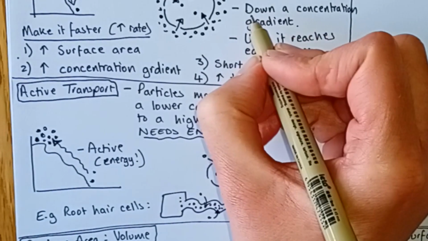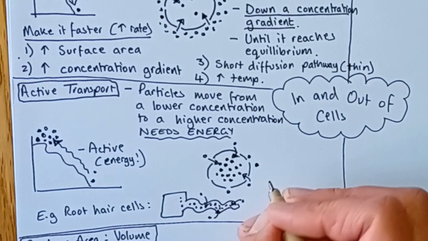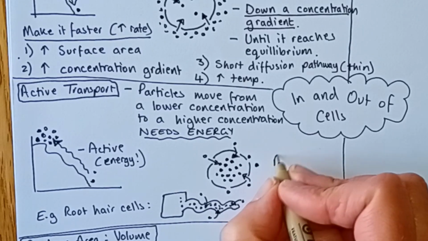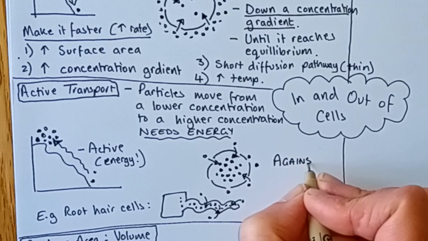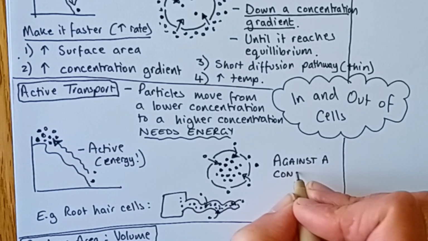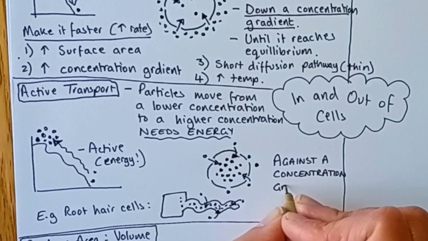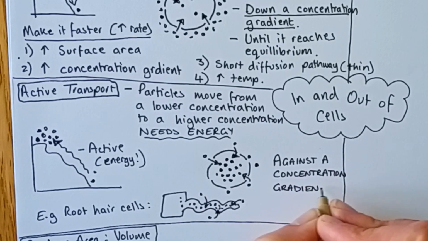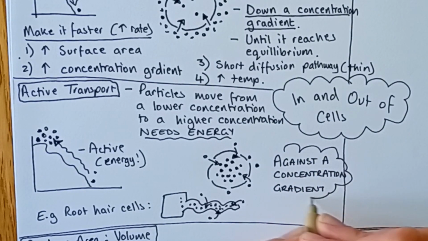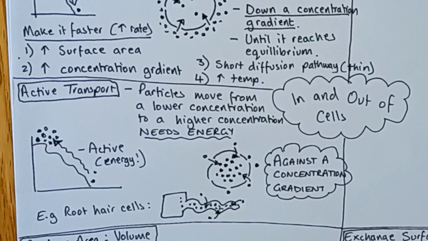So whereas this is down a concentration gradient, active transport is up or against a concentration gradient. And because it needs energy, we try to only do it when we need to. So that needs ATP. For those of you doing higher, ATP is the molecule needed to release energy.